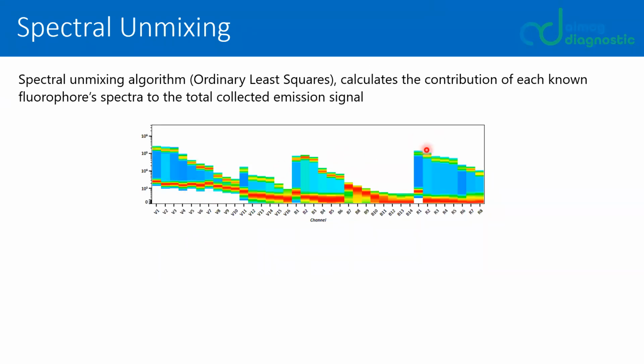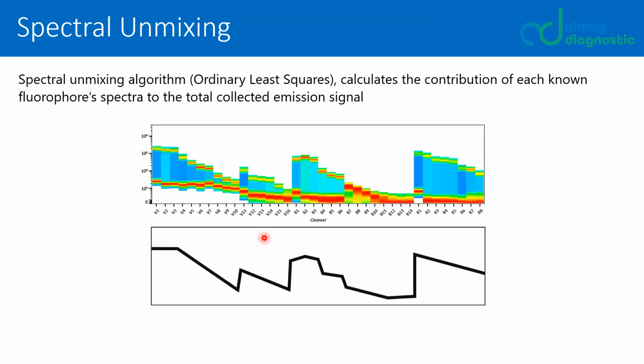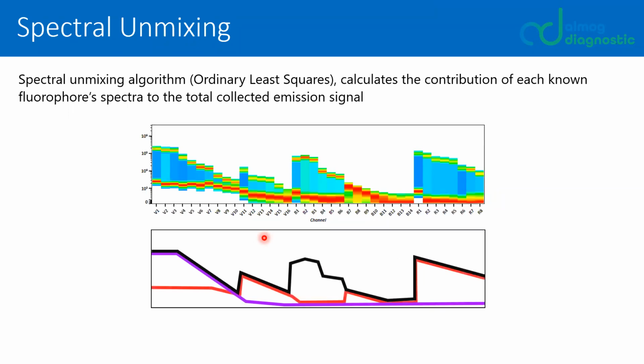Very similar to conventional flow cytometry, where single-stained samples are used for compensation, here in spectral flow cytometry we use reference controls, which are also single-stained controls, and an unstained sample. We need the single-stained controls in order to collect the signature for each dye.